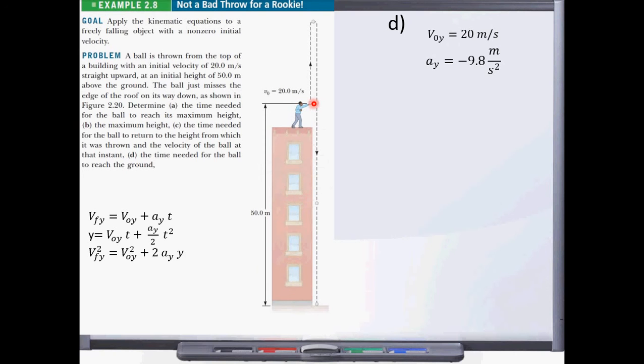That something else could be the distance. We are talking about the ground, right? It says the time needed for the ball to reach the ground, and we know the distance from the ground to the initial point. That distance is 50.